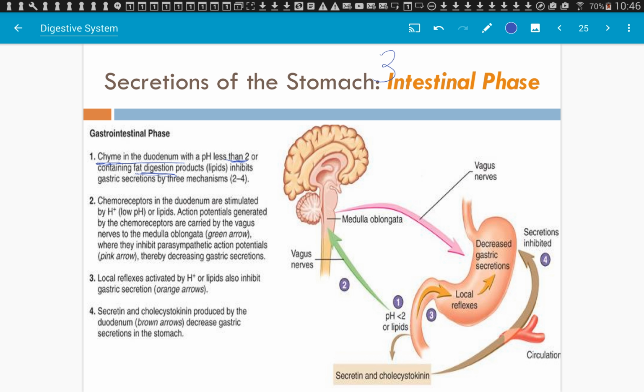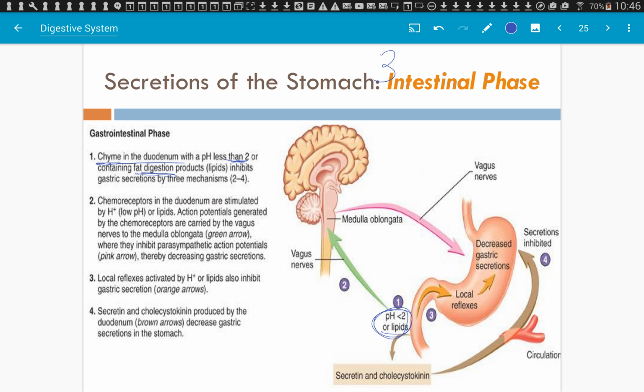Okay? So if it's too acidic, stop the secretions, because we do not want really strong acids in our duodenum. And the other thing that would stop those same secretions is a fatty, lipidy food meal, okay?